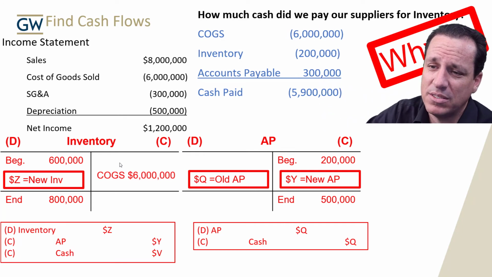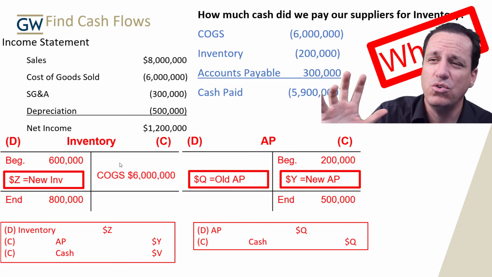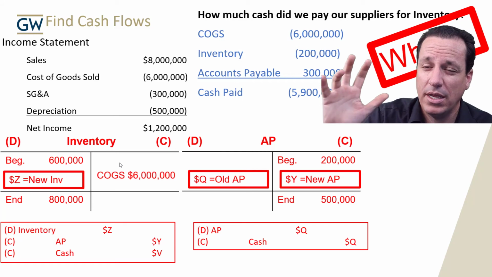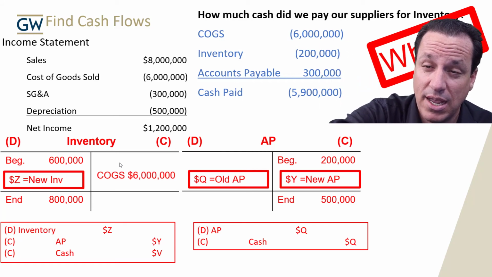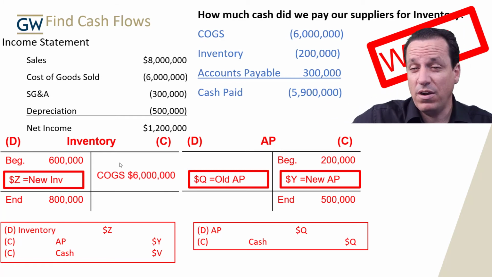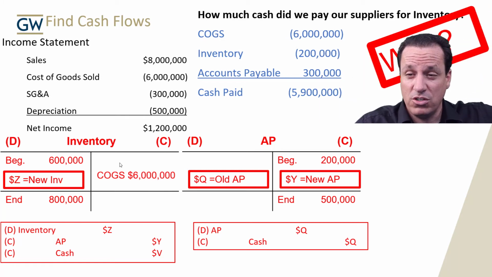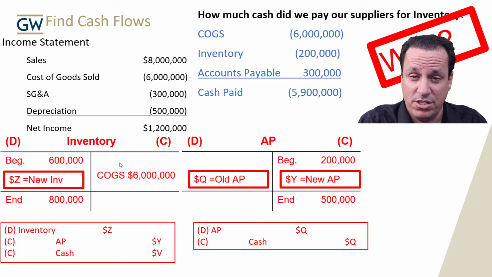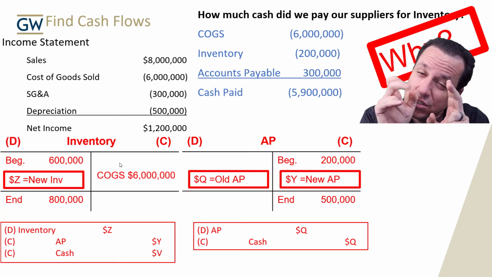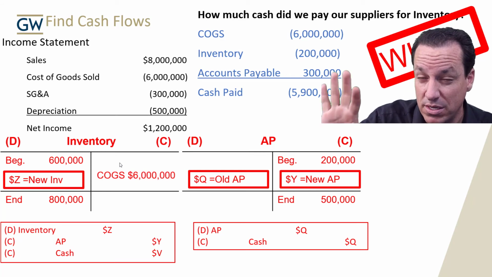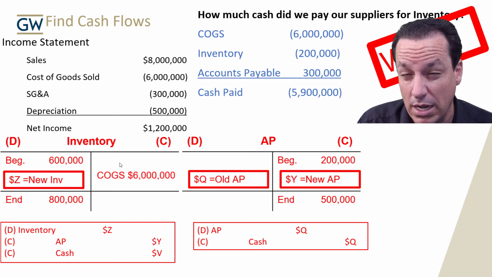It's an income statement balance, but I put it here just so you knew where we got the 6 million, in case you were looking back on it. Cost of goods sold is not an asset account. It's not under inventory. It's a different account, but we use it in the journal entry with inventory. We debit cost of goods sold and we credit inventory, but I call this credit of inventory cost of goods sold just so that you can see and map it, because we're running out of space here.